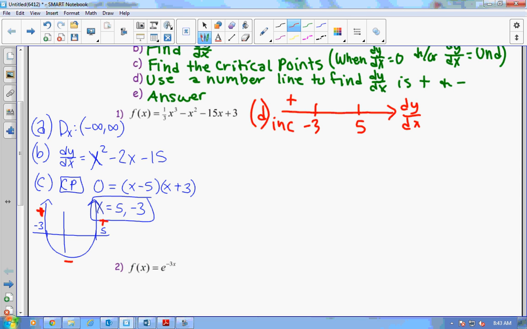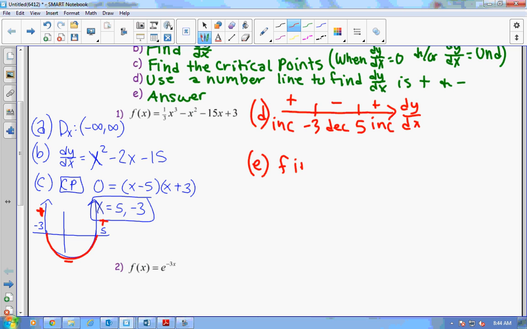And then from negative 3 to positive 5 is negative, which means the position function is decreasing. And then after that it becomes positive again, which means the position function is increasing. The bottom is what the original thing. Yep. Okay, and now let's get our answer, which is the intervals at which we're increasing or decreasing.